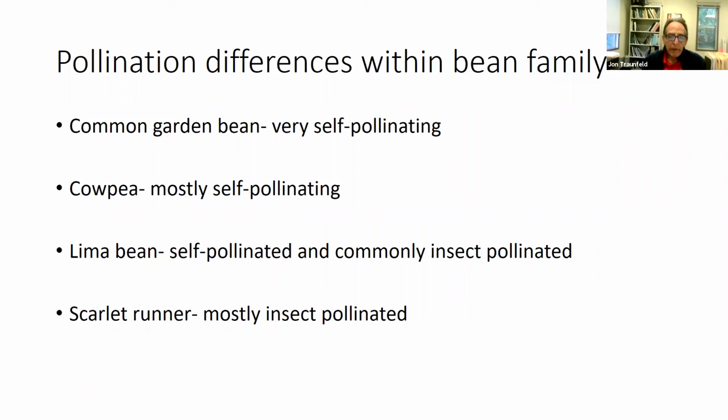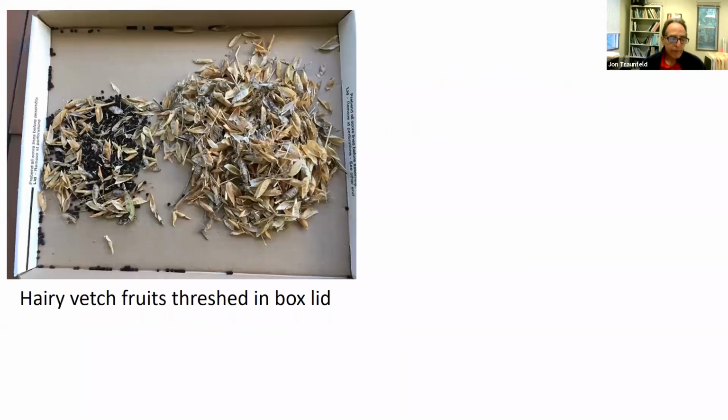I've only grown it a few times, and with climate change, I think it may be harder and harder to grow it in Maryland, but it's not just a beautiful plant with beautiful flowers that attract hummingbirds, but the pods are phenomenal. It's a great eating bean, and it is mostly insect pollinated. So we'd need to be super careful if we were going to try to save seeds from scarlet runner bean.